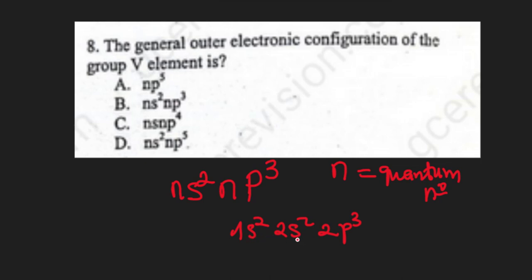So we realize that we have s2p3. It means that for each group 5 element, we will always have 2, 3. Only n is changing, which is the principal quantum number, increasing with atomic number, but the valence electrons remain constant, making our correct answer to be B.